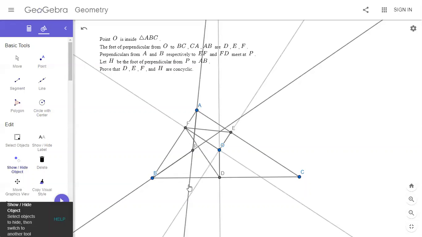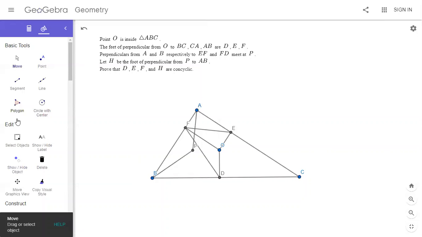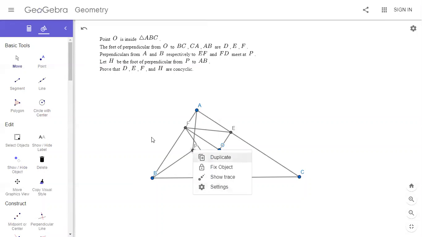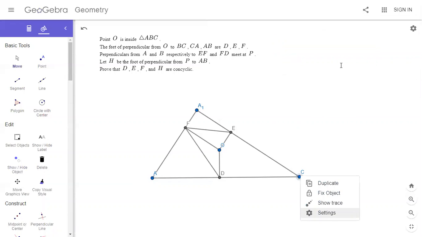All right. H is the foot of the perpendicular from P to AB. You know what? I'm gonna relabel these points. I'm gonna make it so AB is the bottom side, so it looks a little nicer.